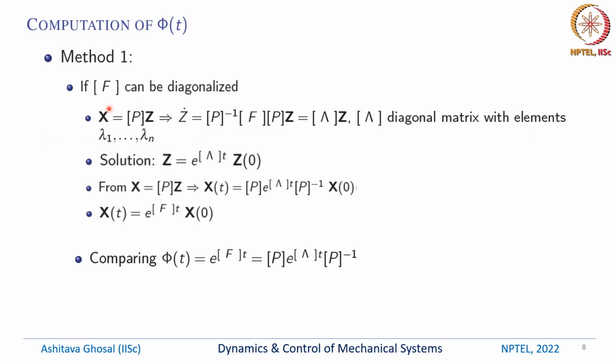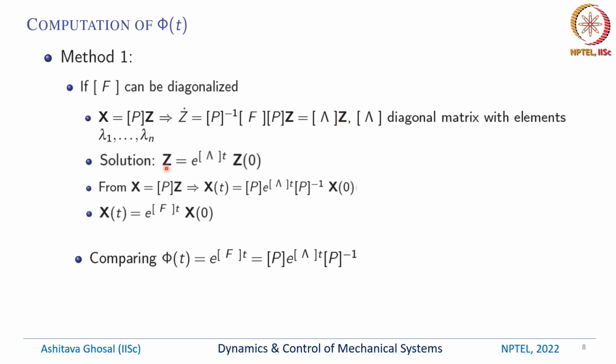So if you have a matrix F which can be diagonalized by a change of state variables, a linear transformation of x to z, remember, P is a constant matrix, it is full rank, and P inverse exists. Then z can be written as e to the power lambda t into z0, because z dot is equal to lambda times z.